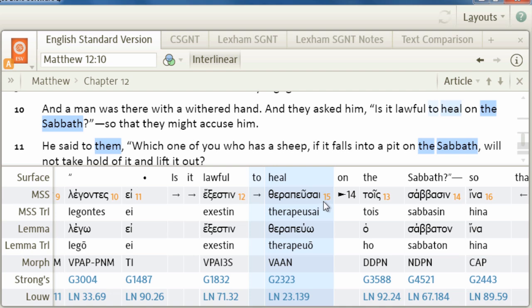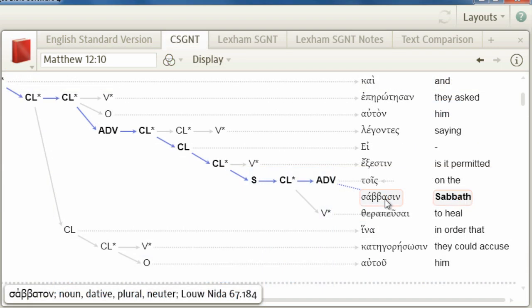Instead, it's telling us something more about these two Greek verbs here. Exestin, which is translated it is lawful, and therapeusai, which is translated to heal. The question is, when is it lawful to heal? Now in this graph, let's see how it's annotated here for us. Here we have the phrase, on the Sabbath, tois sabasin.